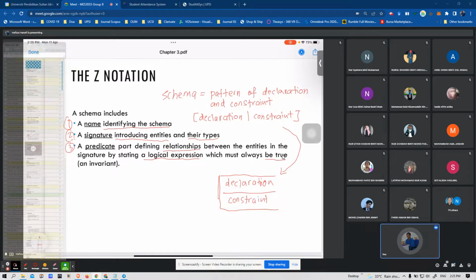Invariant in formal method. We describe invariant in formal method is a condition or state, a property that does not change as a loop executes. This one is more on the state of property.